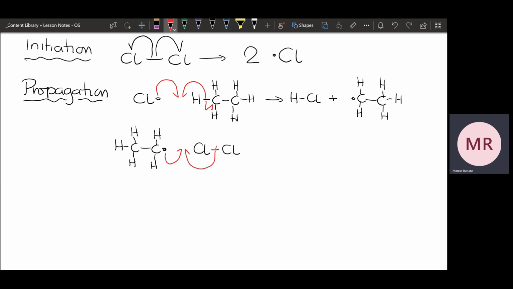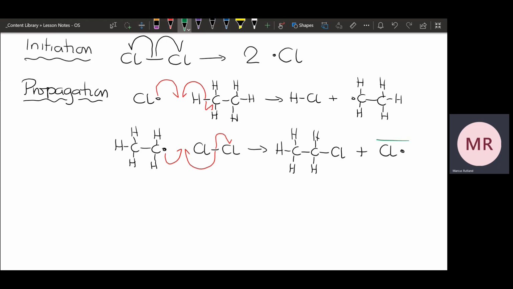The other electron from that Cl-Cl bond goes on to its owner, the chlorine at the other end. And so the outcome of that is that we've now got the substituted ethane. So we've got a chlorine there, we've made chloroethane, and then we've regenerated our chlorine radical.